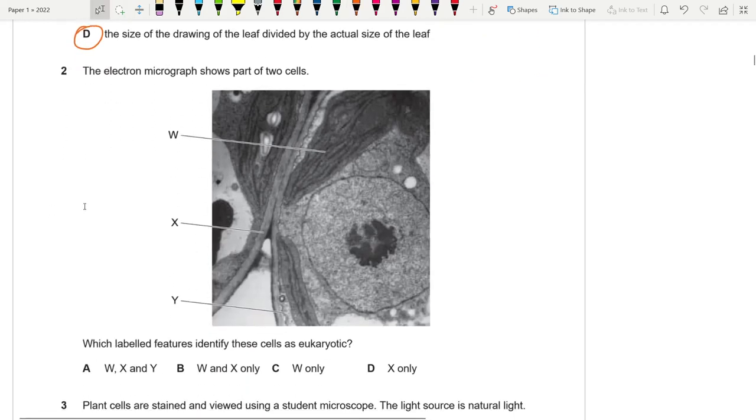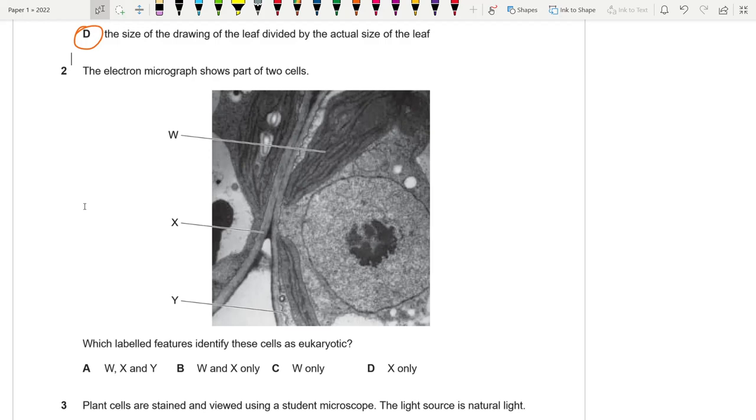All right. Number 2, the electron micrograph shows part of two cells. Which labeled features identify these cells as eukaryotic? Okay. So as you can see, W is actually a chloroplast. This is a plant cell. W is the chloroplast. X is the cell wall. So basically, cell walls are also present in bacteria.